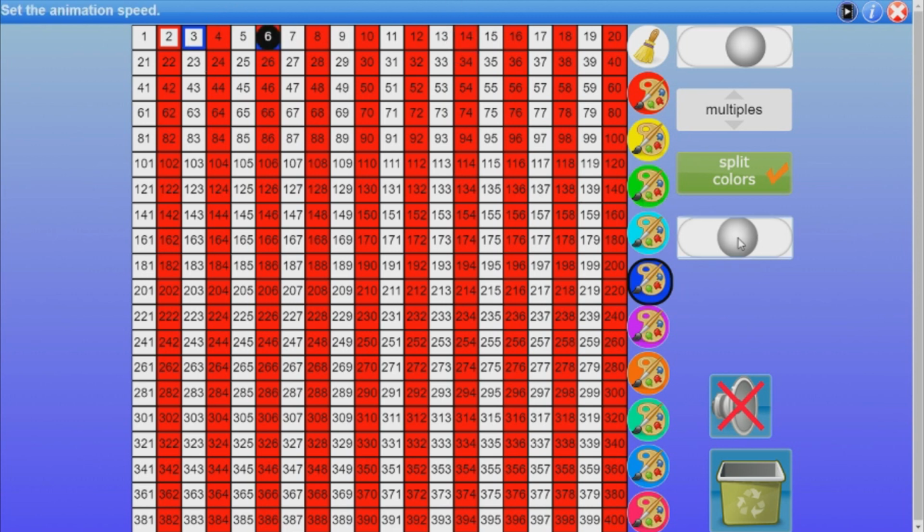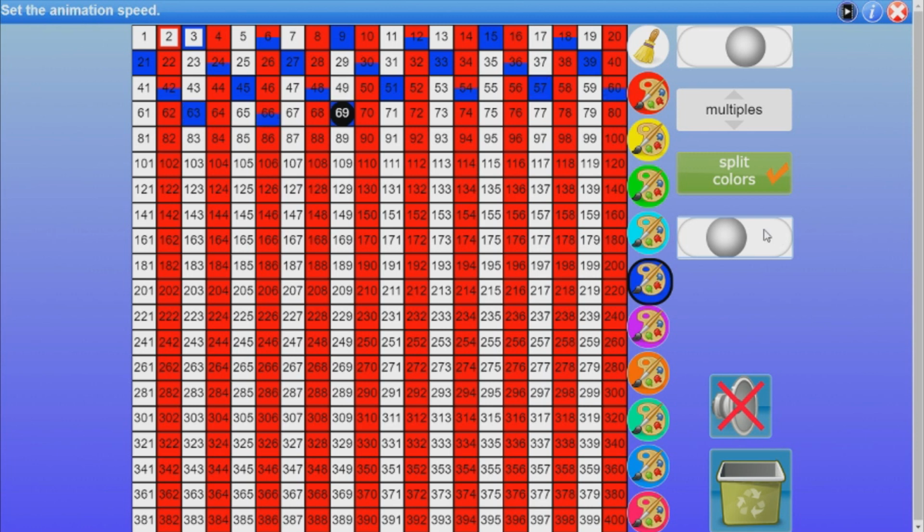So now the next number not colored in is the next prime number, 3. And when I select 3, I'm going to remove all the multiples of 3. You'll see some of them, like 6, were already sifted out.